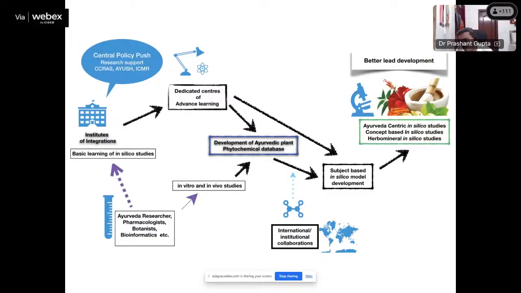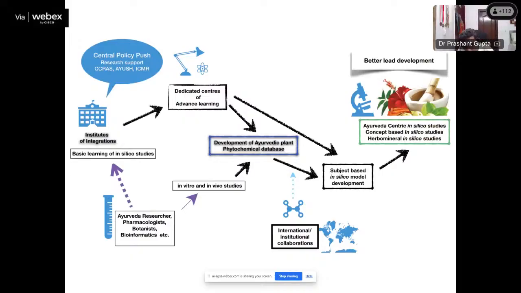This is actually a figure which we dreamed almost 5 years back, when we said there should be a central policy push for CCRS, Ayush and ICMR, then institutional integration should come up, then a dedicated center for advanced learning, and in vitro, in vivo support should be given to the Ayurveda plant phytochemical databases.